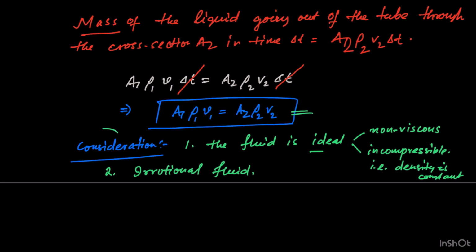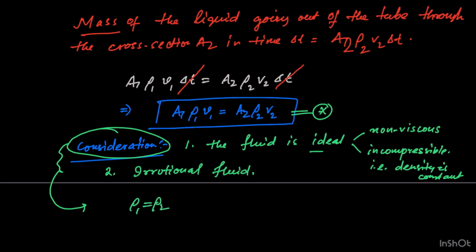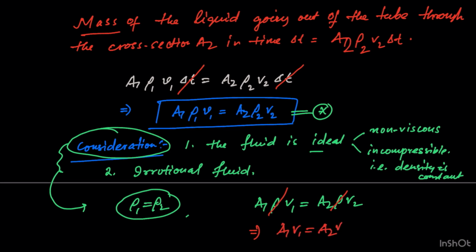So if I impose these assumptions on the general form of the equation of continuity, it becomes A1 rho v1 is equal to A2 rho v2. These two rhos will cancel each other out, so we get A1 v1 is equal to A2 v2.